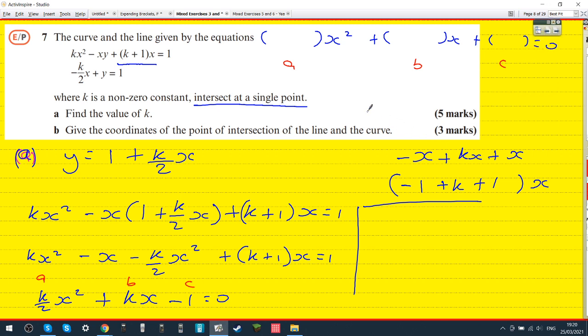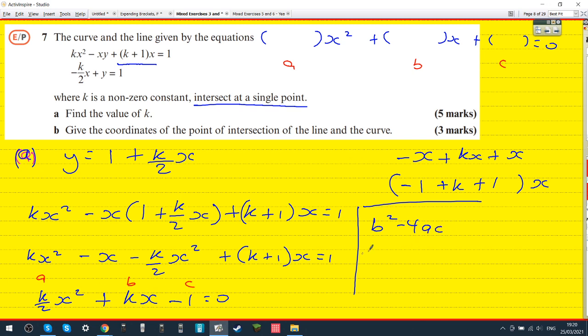Quadratic formula. What is the bit in the square root? Oh, right, okay. B squared minus 4ac. That's it.